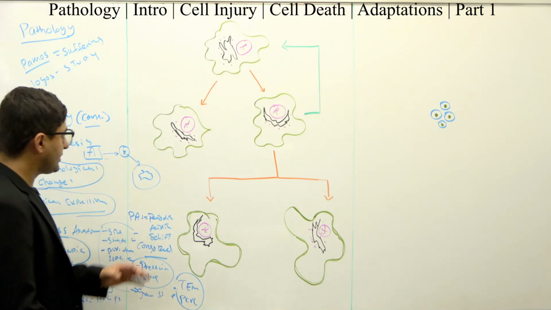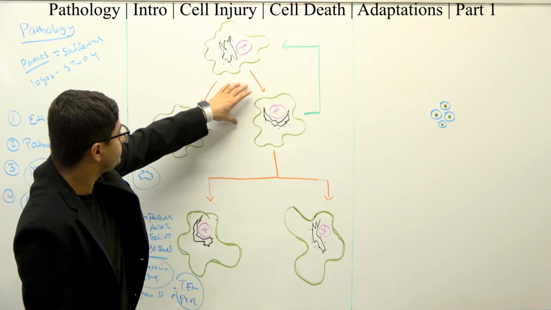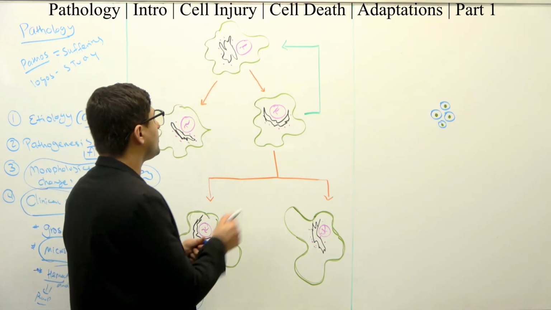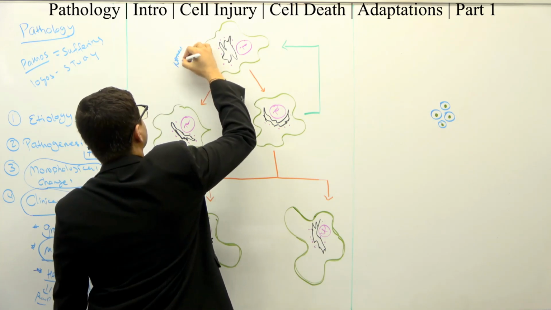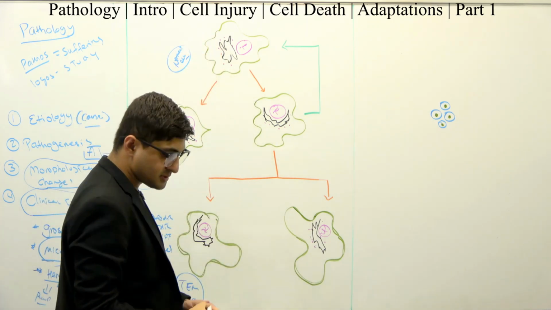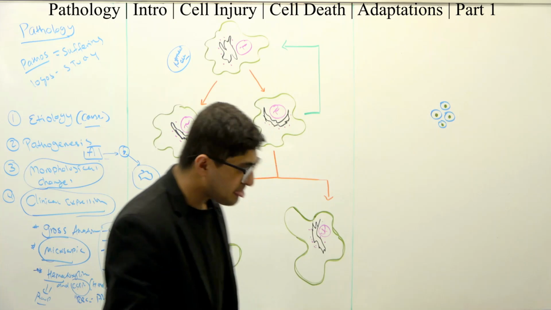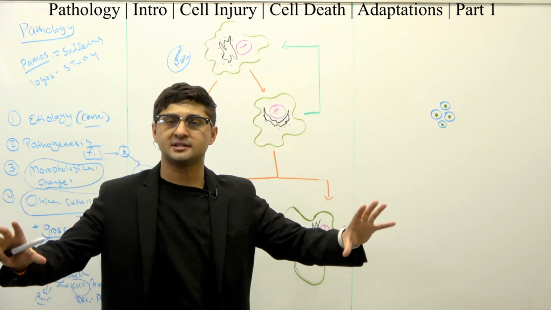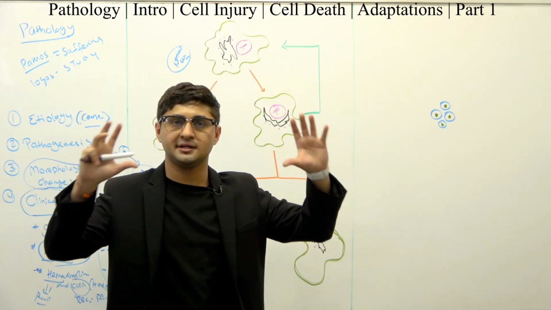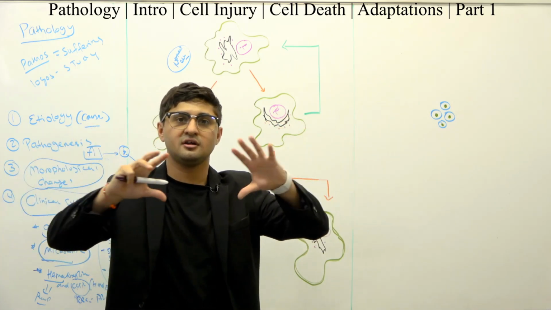Now, here I drew one cell right here. Let's say this is a normal cell. Whenever we talk about normal cells, that means this normal cell is functioning at its steady state, meaning that it is maintaining its internal constant environment.